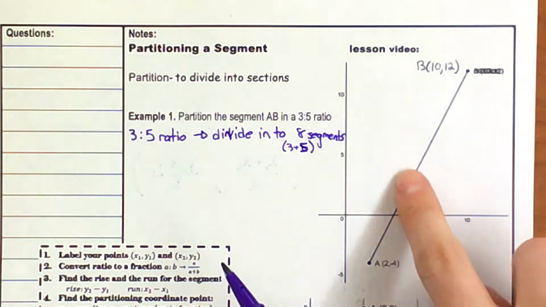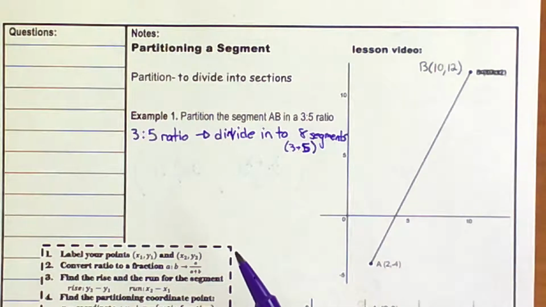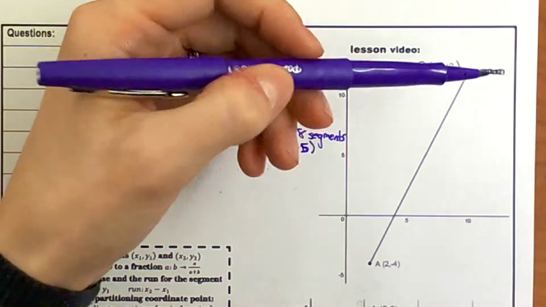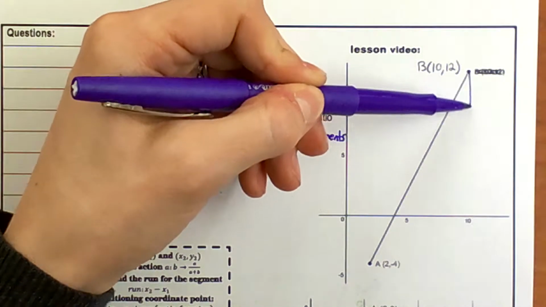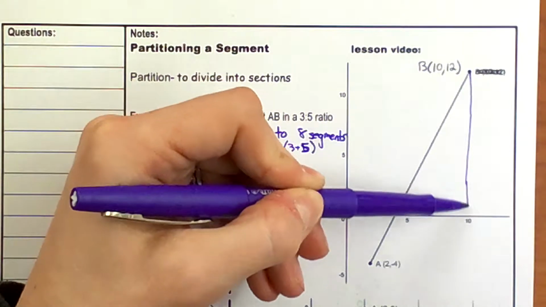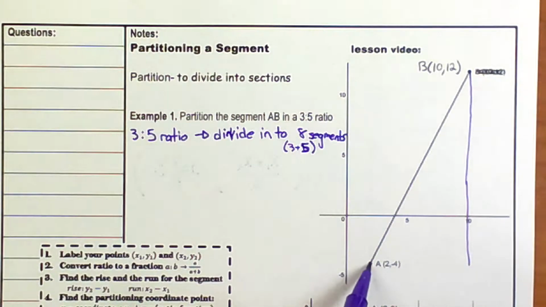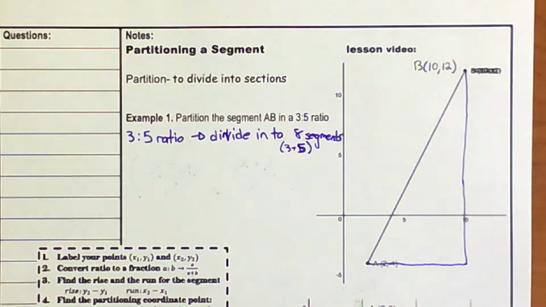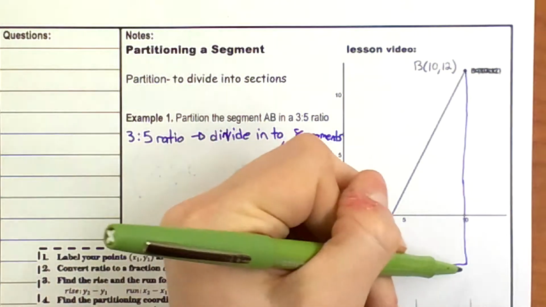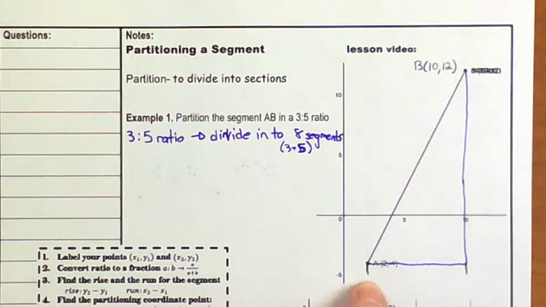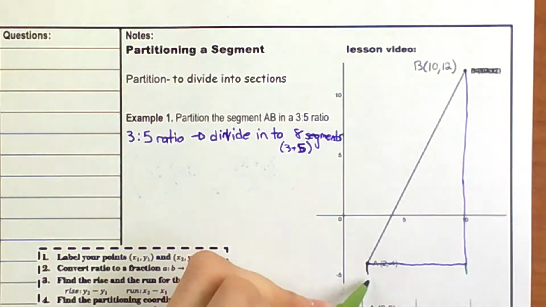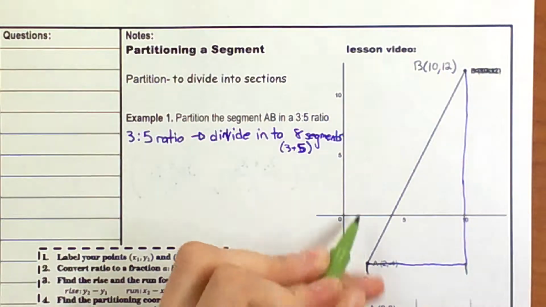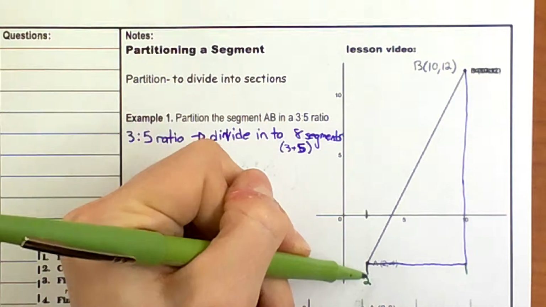It should be somewhere right around here. That's what I'm looking for. Where is the exact dot on that? So I'm going to close this in and make a right triangle. If I think about my values right over here, the x-coordinate of A is 2, so this is 2.